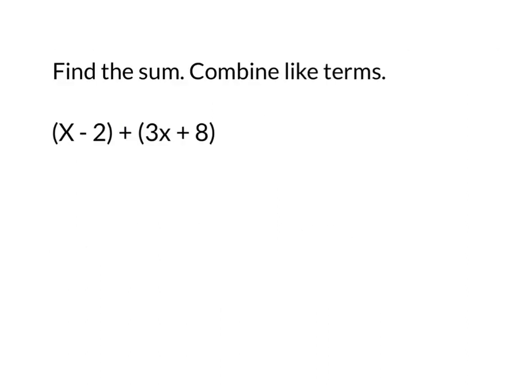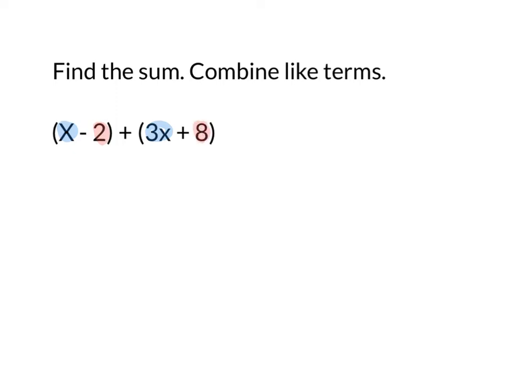Now we're going to start to find the sum. So we're going to add linear expressions by combining like terms. When we look at this expression, we notice that x and 3x are like terms, and then 2 and 8 are like terms.